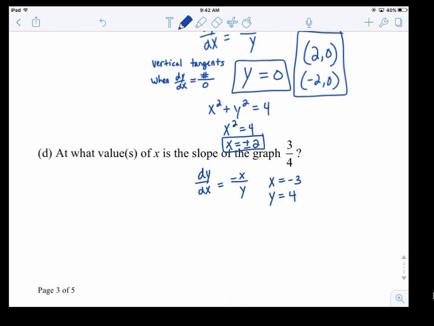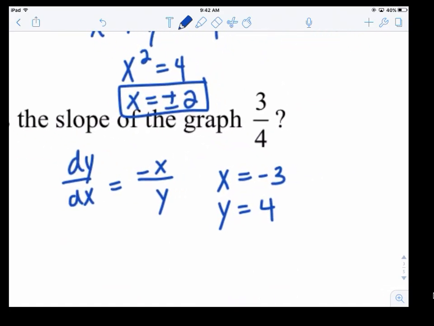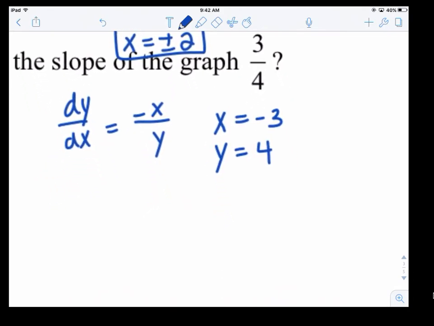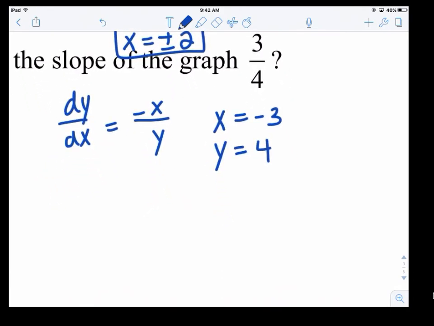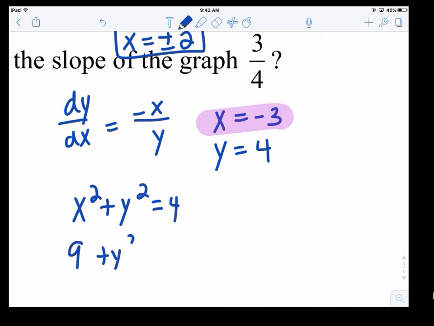What values of x is the slope of the graph 3 over 4? If we figured out that x was negative 3, that would give me 9 plus y squared equals 4.